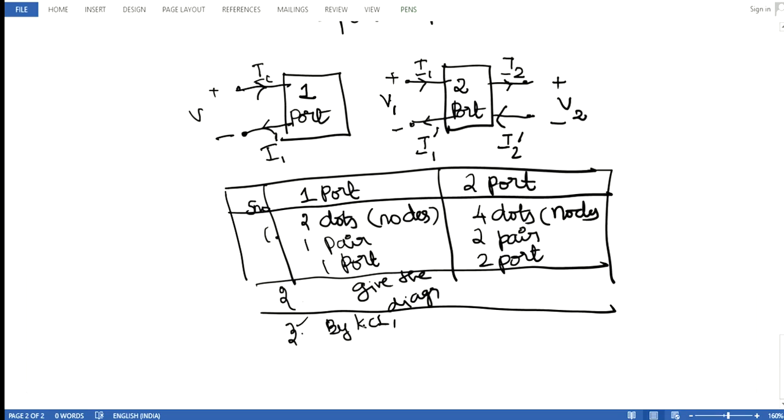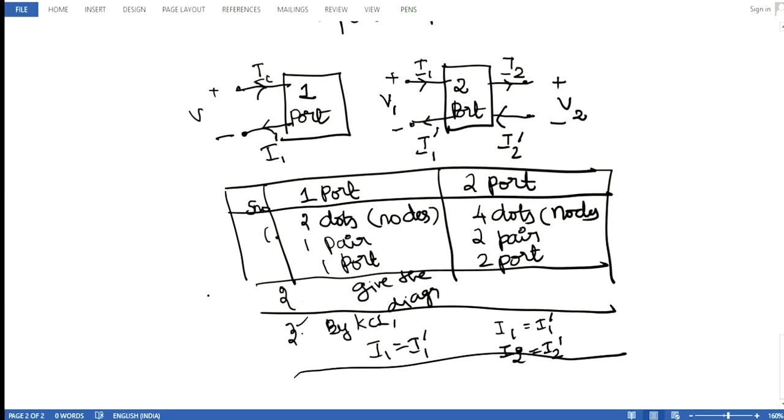Entering current is equal to leaving current, or the sum of currents in a node is 0. So as per KCL, for one port I1 will be equal to I1 dash. And what about your two port? You can tell that I1 will be equal to I1 dash and also you have to tell about I2. Can you tell me the I2 equation? I2 will be equal to I2 dash. So this is the third difference.